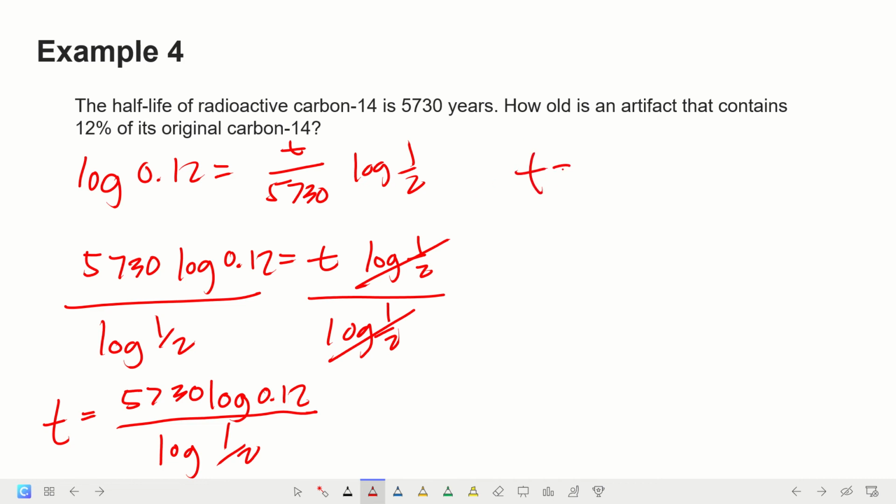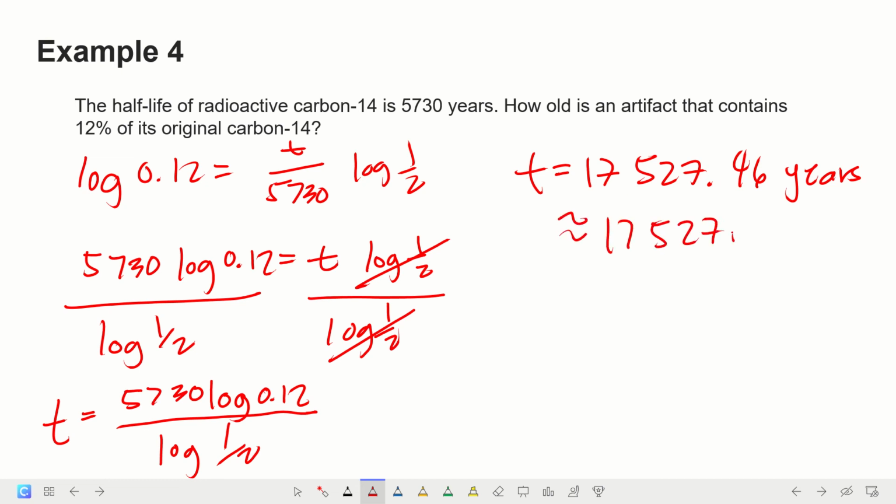So, now t is equal to 17,527.46, and since we define the time in years, therefore this is 17,527.46 years, or approximately 17,527 years.